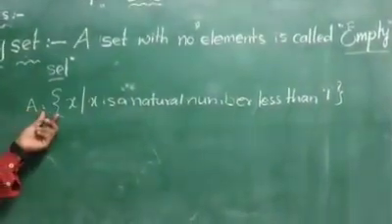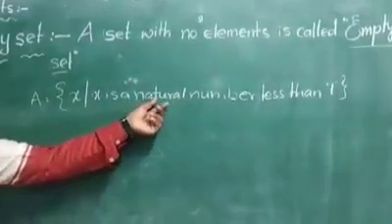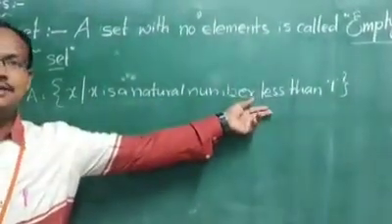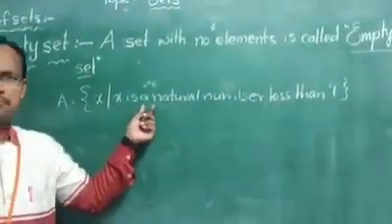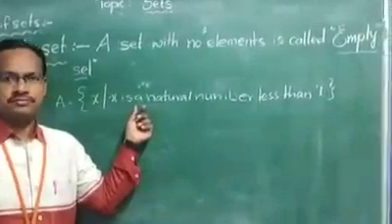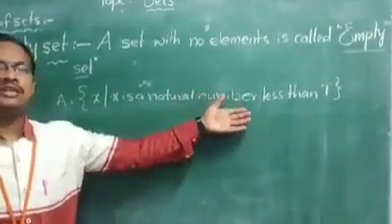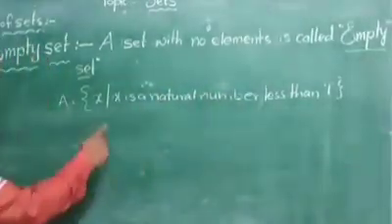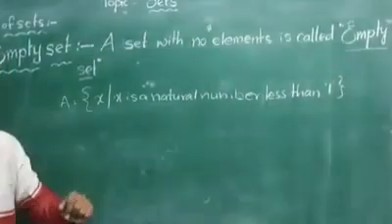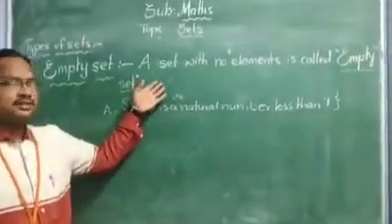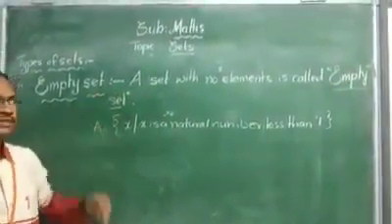Here A is a set of x such that x is a natural number less than 1. Is there any natural number which is less than 1? We know that there is no natural number smaller than 1. So, this set is an empty set. I hope you understand. So, empty set means a set without any elements.